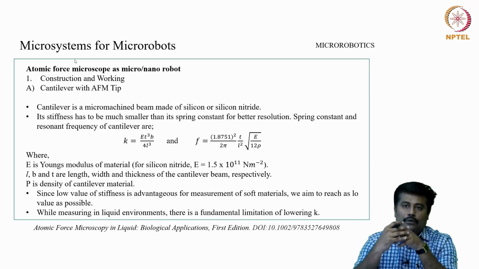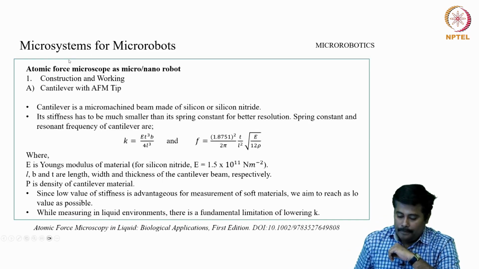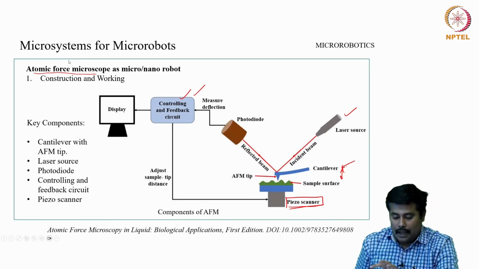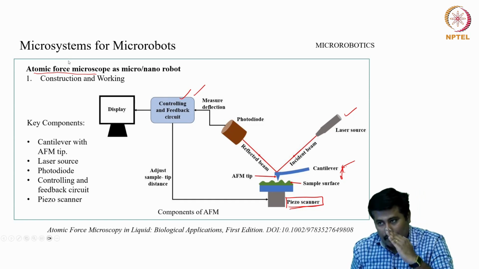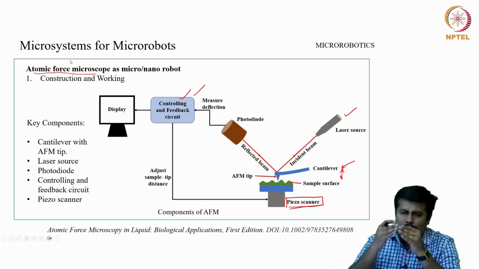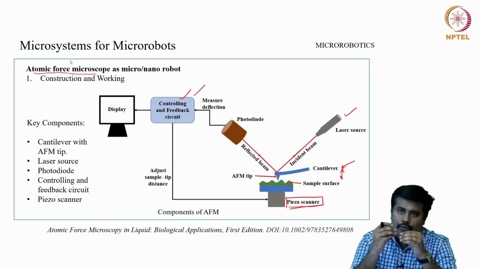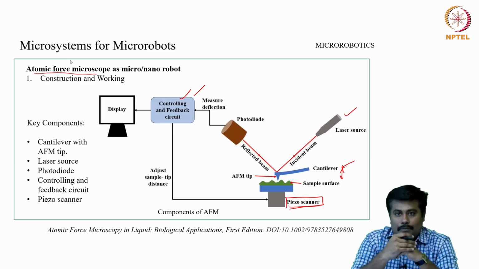Now, in order to look into the fundamentals of this atomic force microscope, the first point is that the cantilever is considered to be a micro manipulating element. Since the cantilever has a very narrow tip, ideally in the order of a few nanometers, it has contact and non-contact based micro manipulation.